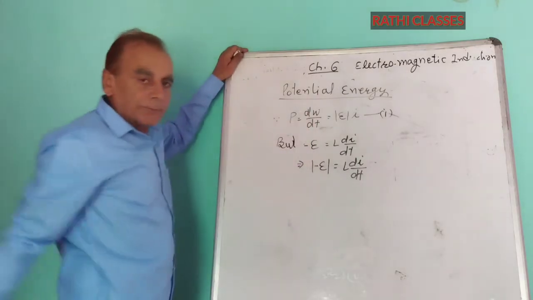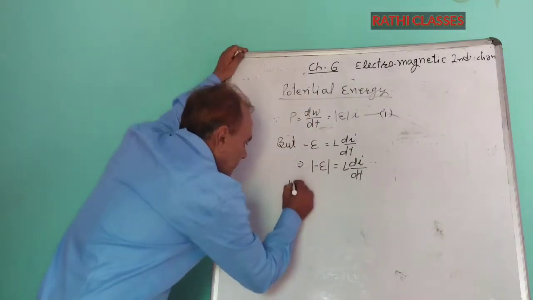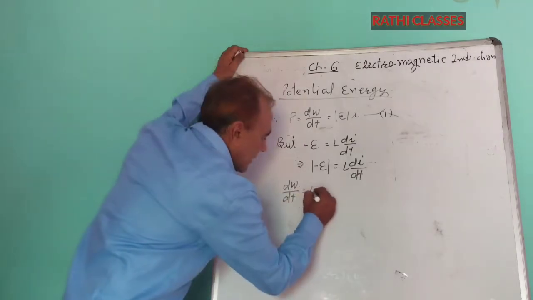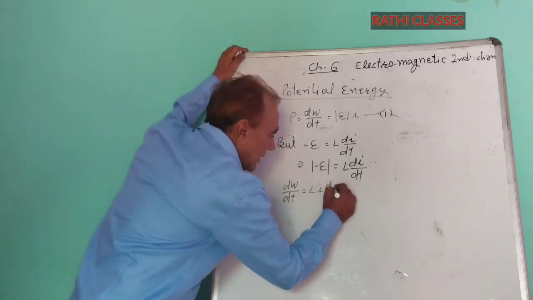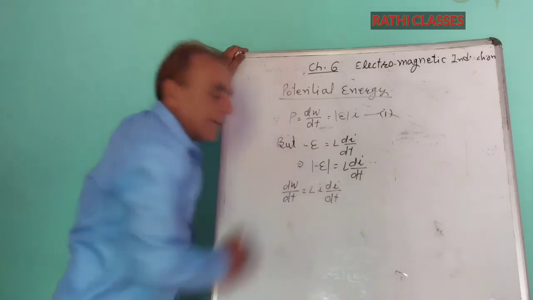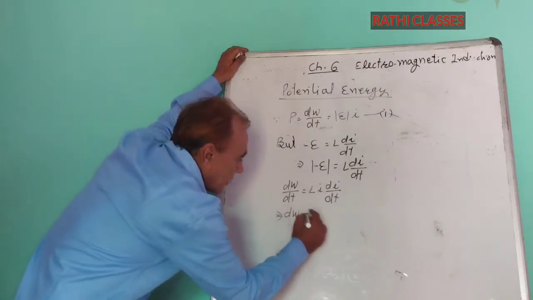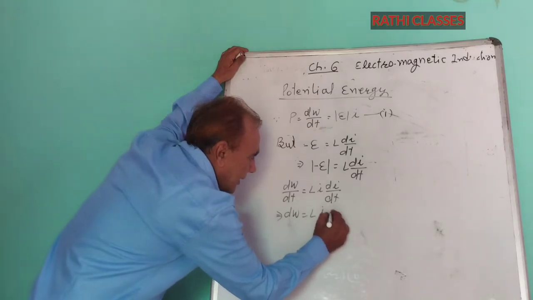Putting in first, dW upon dt is equal to L I di upon dt, implies dW is equal to L I di.